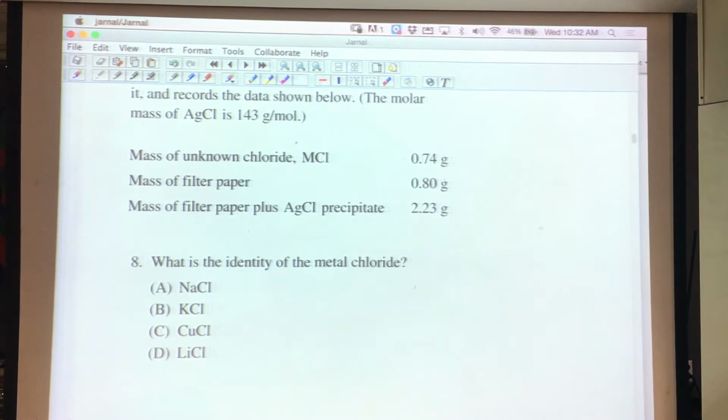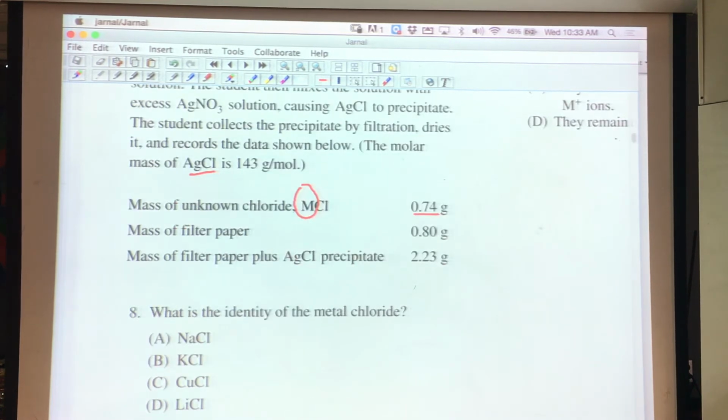So here's my unknown metal chloride. It's dry. Now, what do I have here? I added silver nitrate. Is that what they did? Yeah, they added silver nitrate. What does that tell me? Nitrates are always soluble, so I really added silver ions and nitrate ions.